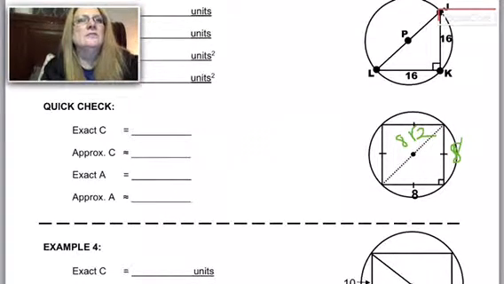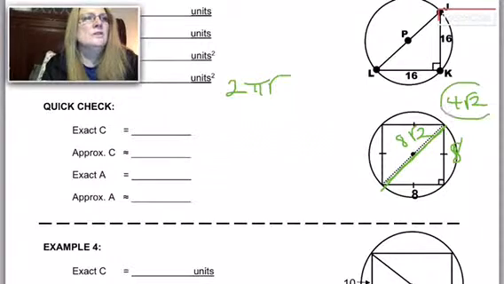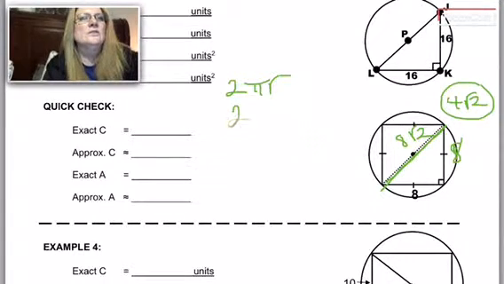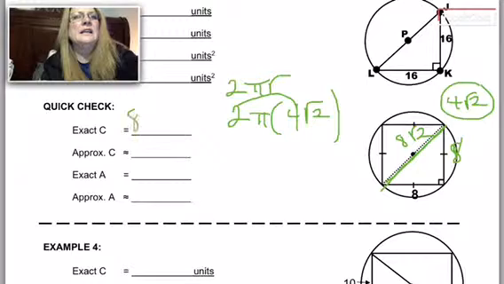So our formula for circumference, 2 pi r. If the whole diagonal is 8 square root of 2, half of that is 4 square root of 2. So that's our radius. So 2 pi times 4 square root of 2. You're just going to multiply 2 times the 4, and you're going to get 8 square root of 2 pi.